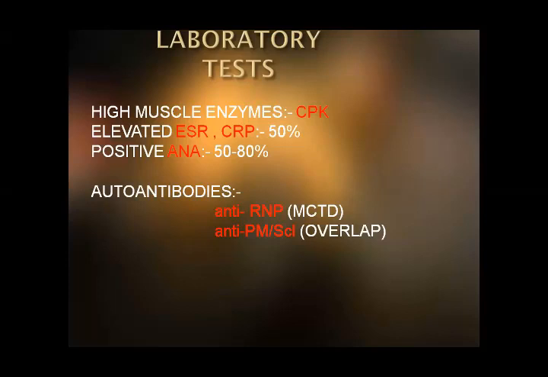polymyositis-scleroderma overlap syndrome, that is they are anti-RNP and anti-SCL. In scleroderma, we ask for SCL 70. But in polymyositis, there may be an overlap syndrome, scleroderma with polymyositis, and there may be anti-PM-SCL, while in mixed connective tissue disease, there will be anti-RNP.